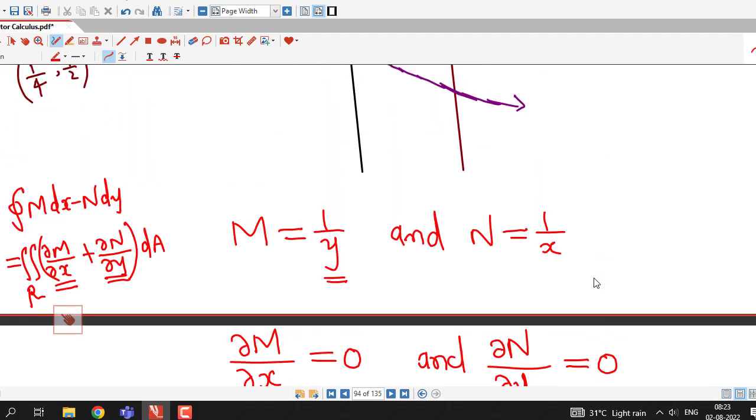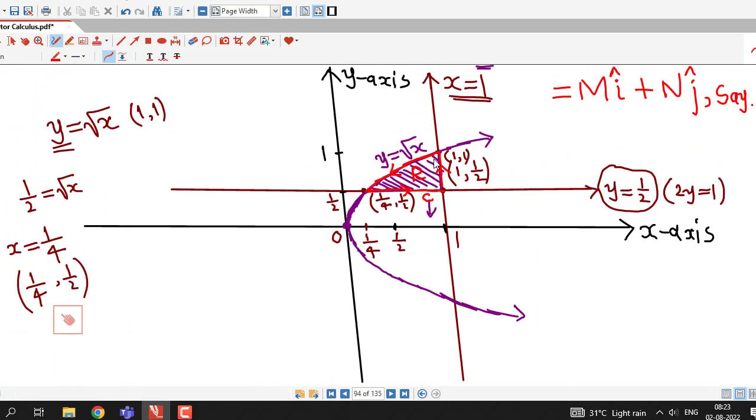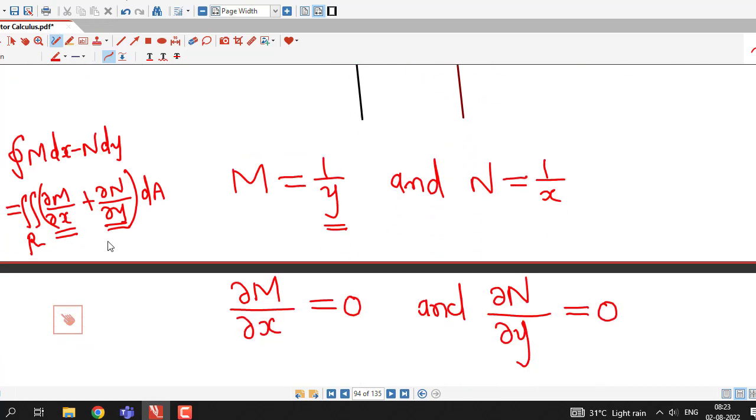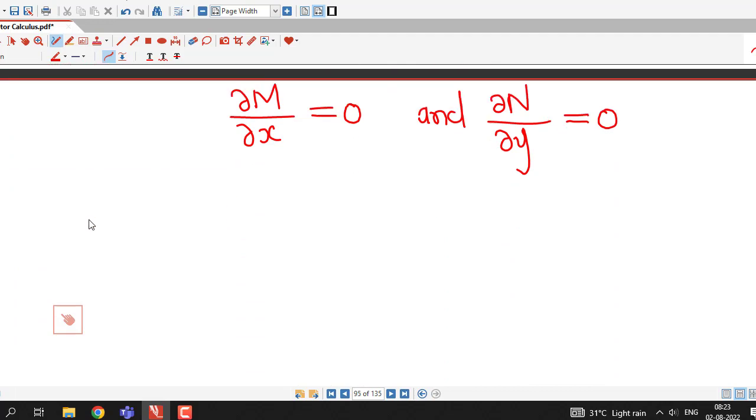So now we don't have to search for limits of integration either, because this function becomes 0 at every point on the region. Therefore the outward flux has value 0.